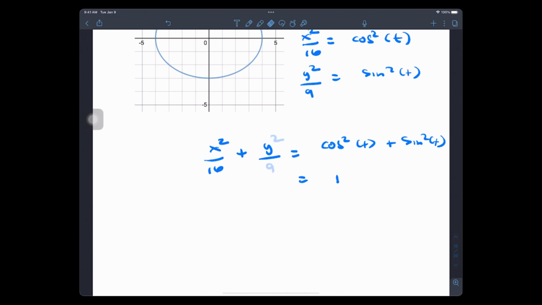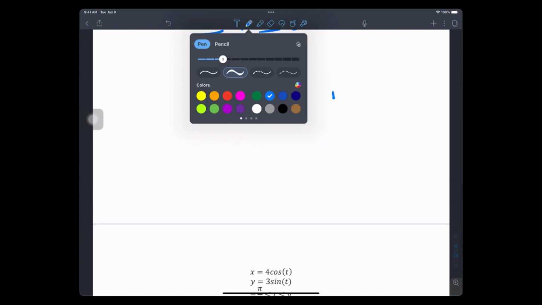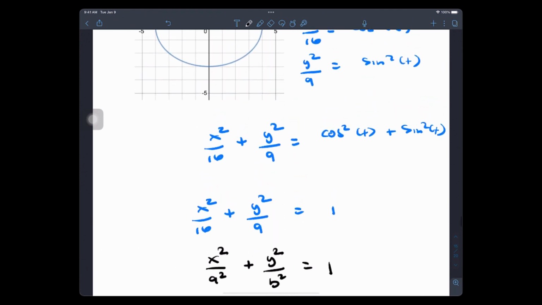So the very reason why you might say, hey, that looks a lot like what? Well, not just looks a lot like. This is the equation of an ellipse, isn't it? What's the general equation of an ellipse? X squared over a squared plus y squared over b squared equals 1. And so there's your ellipse, ladies and gentlemen.